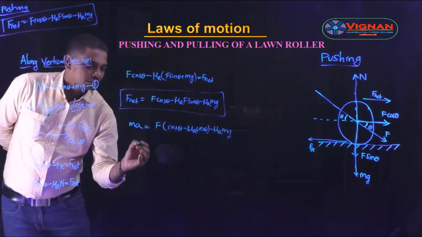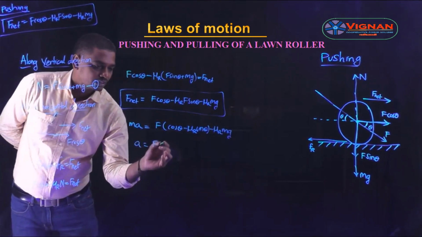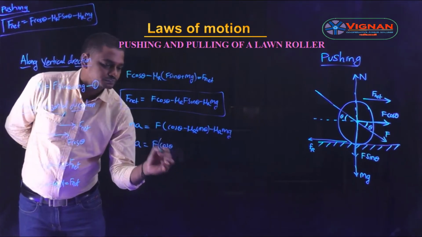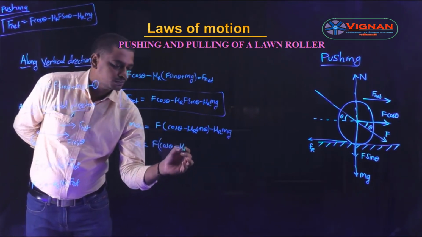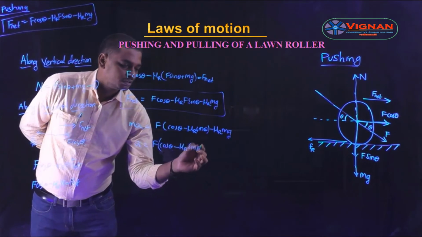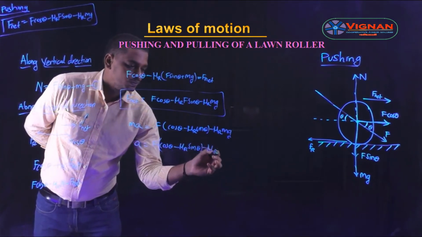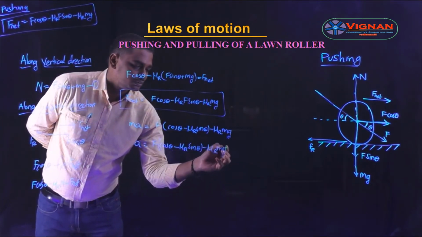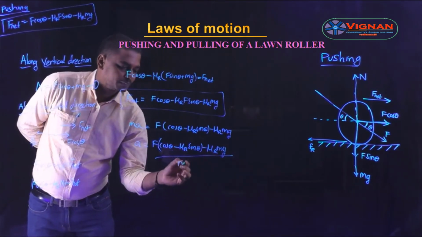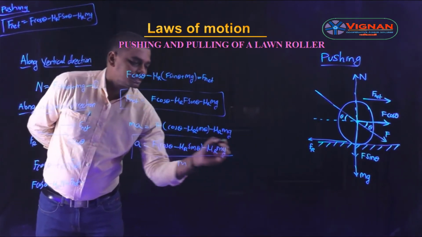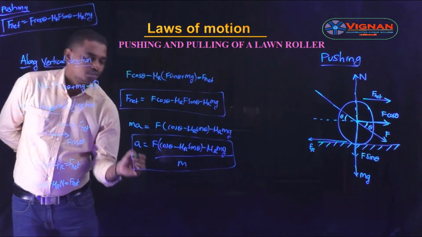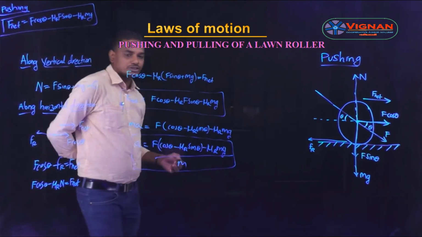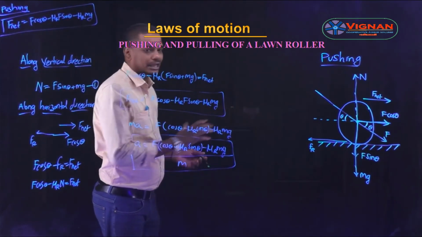From this, a is equal to F cos theta minus mu r sin theta minus mu r mg divided by m, which is the net acceleration on the block or on the lawn roller while we are pushing.